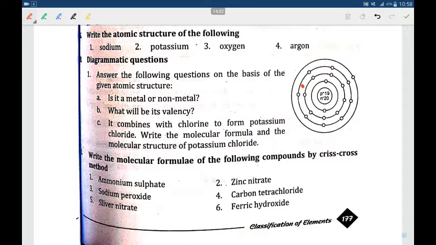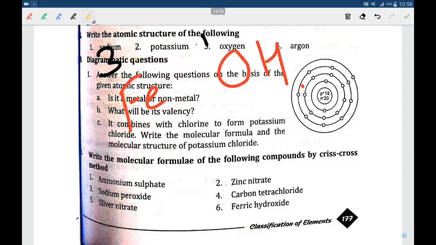Ferric hydroxide. Fe is iron. Hydroxide is OH. Now valency is 3. If ferrous is given 2, ferric is 3. Now hydroxide 1.